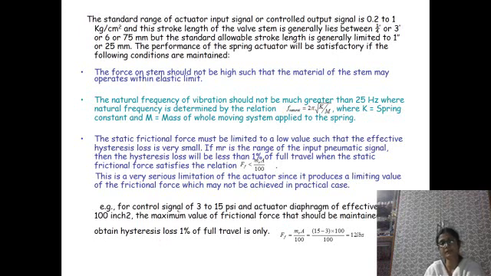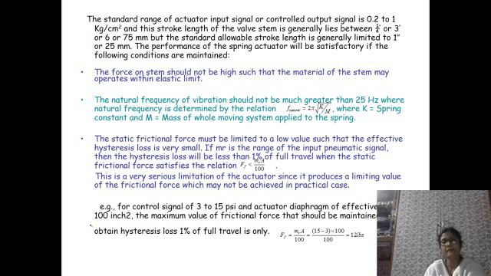Say for control signal 3 to 15 psi, that is the standard range, and the actuator diaphragm has an effective area of 100 square inch, and the control signal coming from the controller output is 3 to 15 psi.